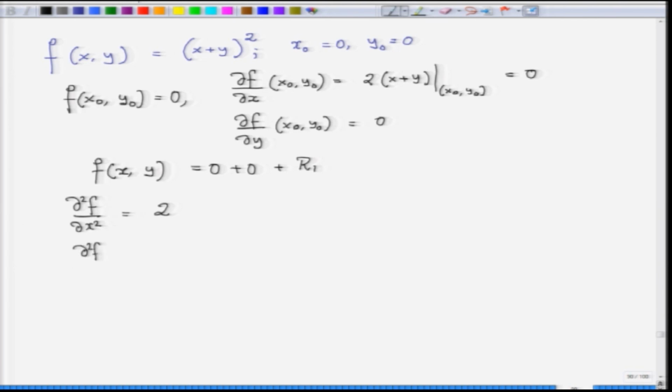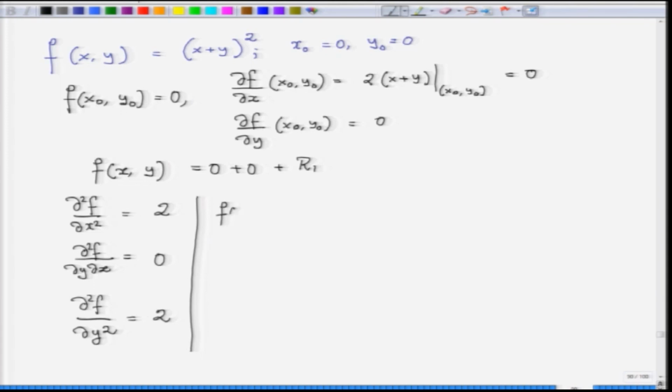Del 2f del y del x: take del y of 2x plus 2y, which is 2, and then the mixed derivative, del x of that, is 0. And del 2f del y2 is also 2.